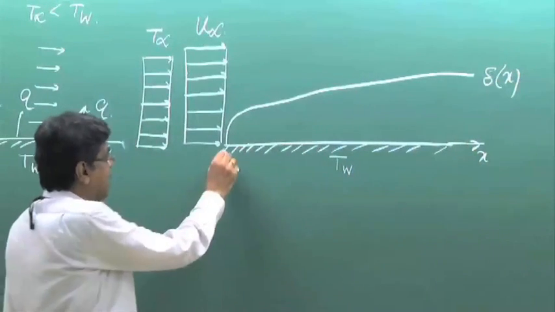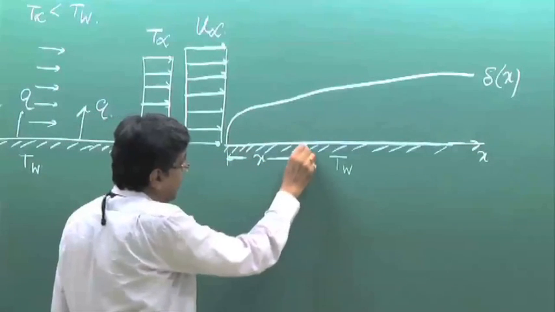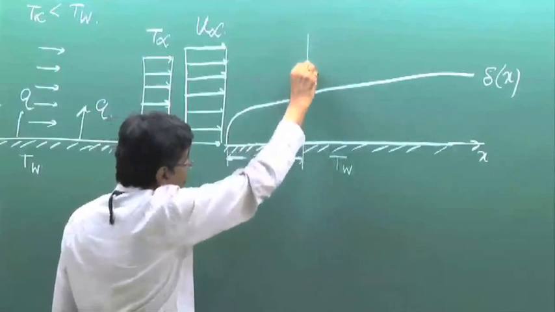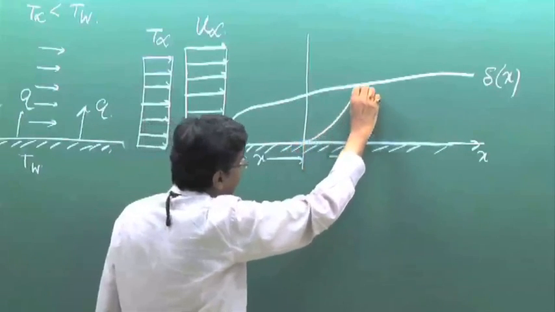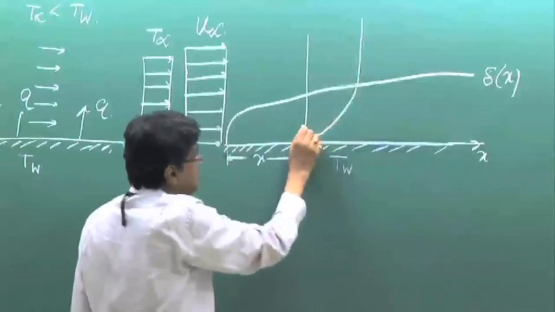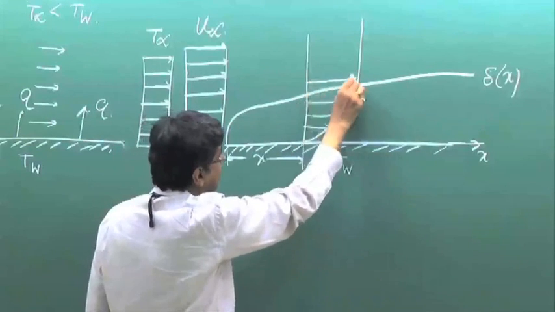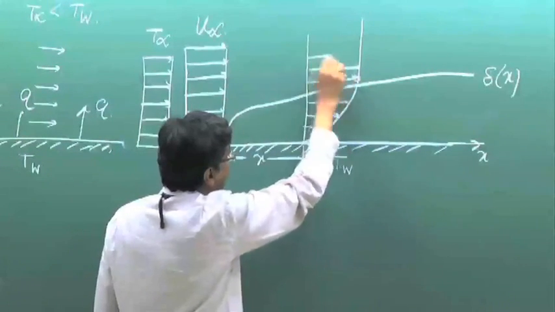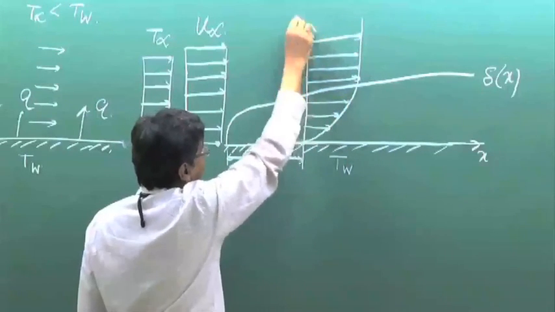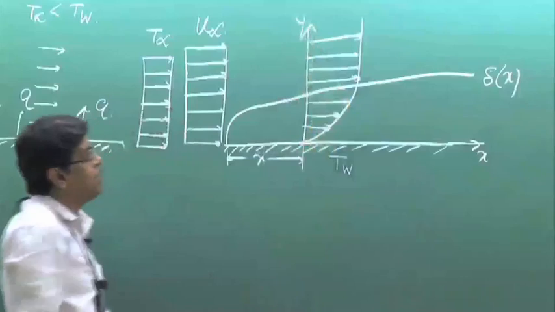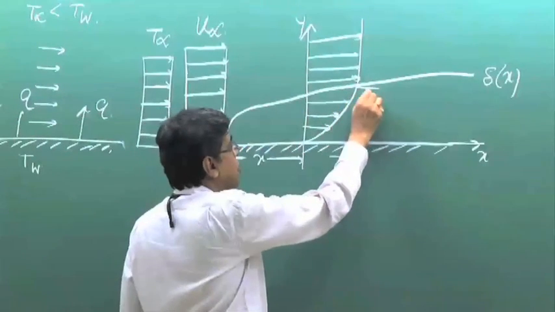At any distance x from the leading edge, if we draw the velocity profile, it looks like this. That means the velocity changes in the direction perpendicular to the plate. Let us consider y within a thin region which is known as the boundary layer thickness.